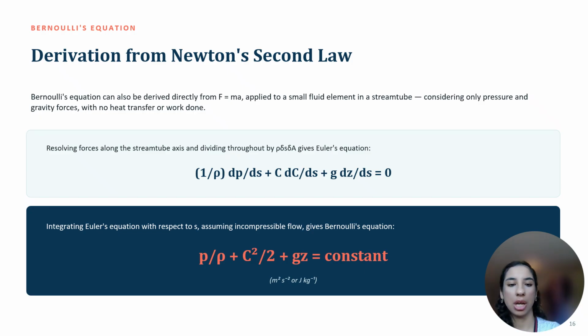In a nutshell, you end up with the formula down there: pressure divided by density plus c squared over 2 plus g z. Now g is gravity, z is a dimension. It should be constant, so when it enters the flow control volume, that total should be the same when it exits it.